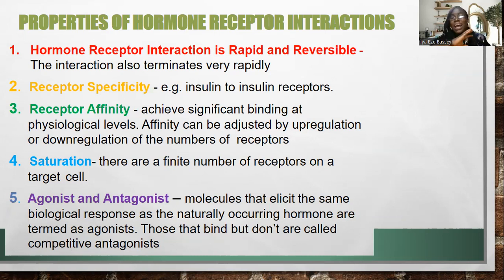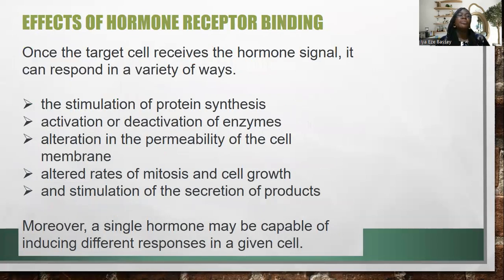When those are all bound, they become saturated. All right. Then some hormones do have agonist and antagonist effects. Molecules that elicit the same biological response as naturally occurring hormones are termed agonists, and those that bind but don't are called competitive antagonists.